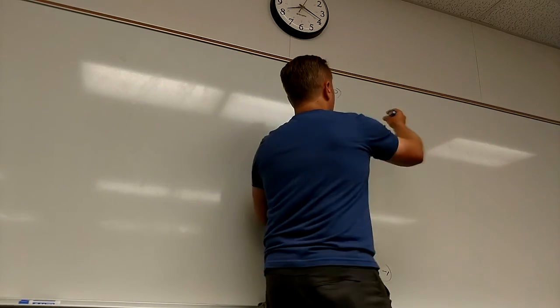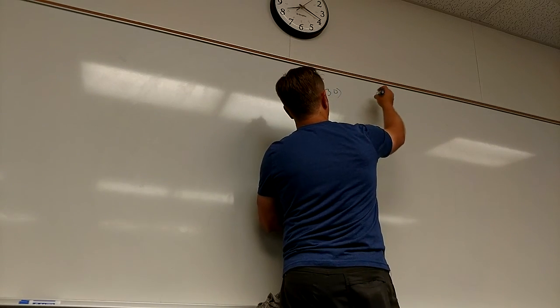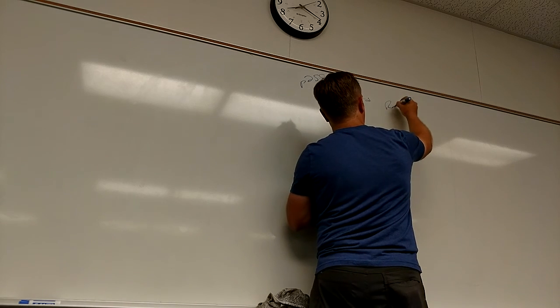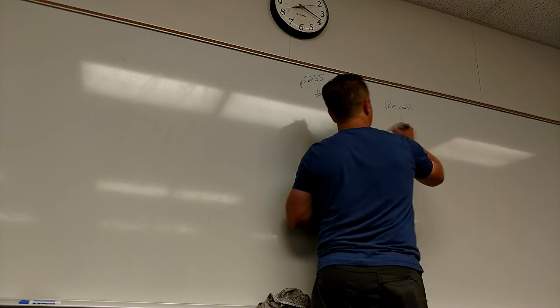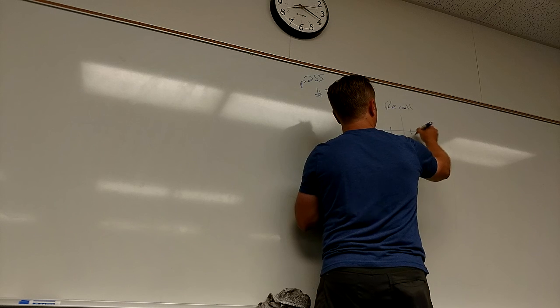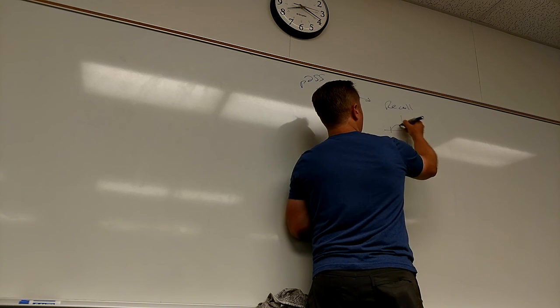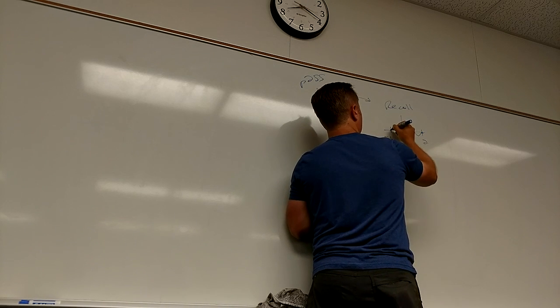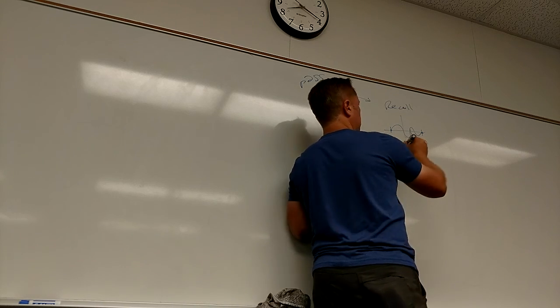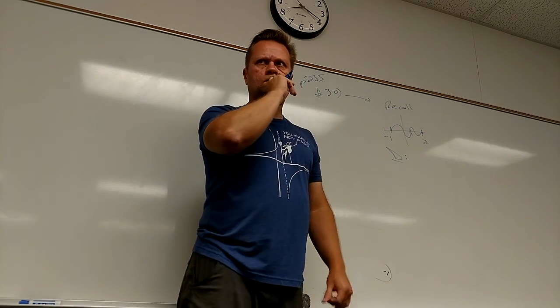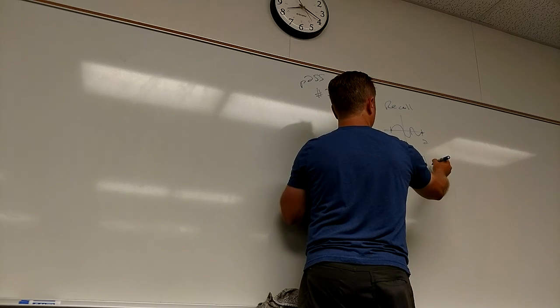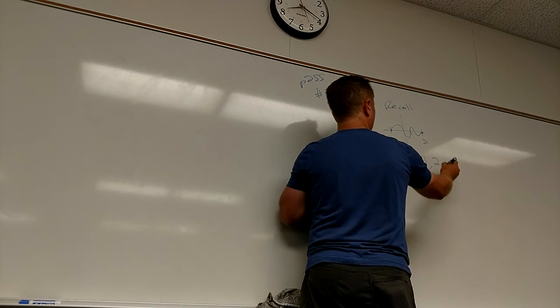So now watch. If I had something like this, let me just do something really quick here. If I have a function, what's the domain of that function? -1 and 2. Sure.